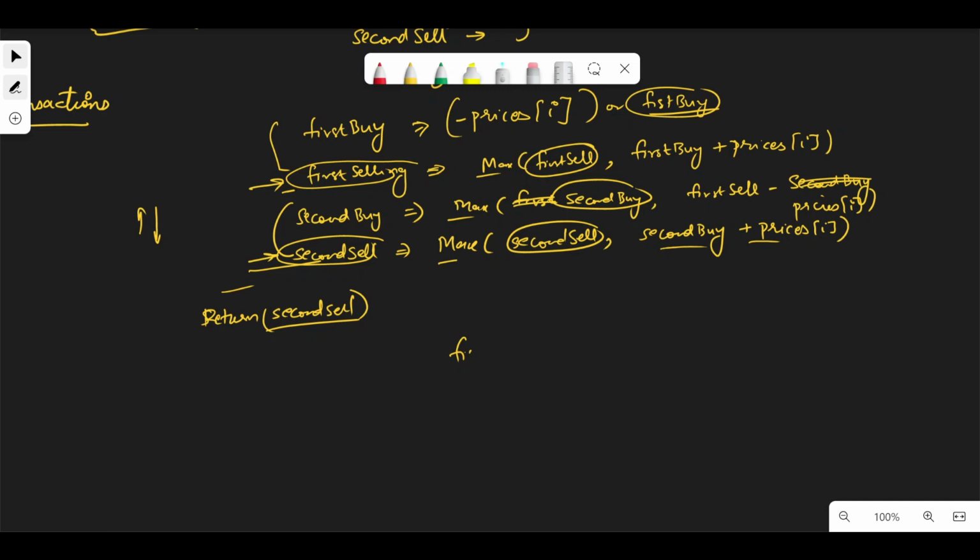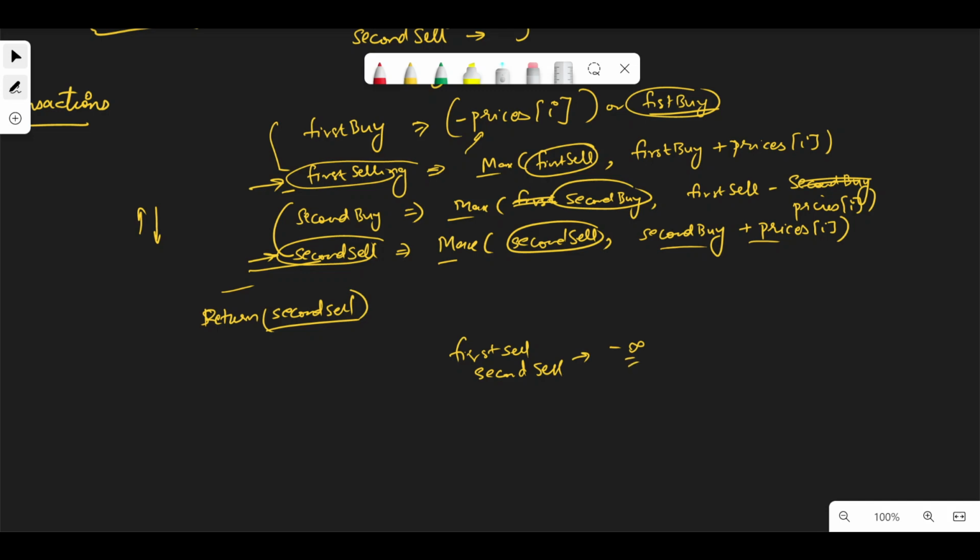But on the first buy and second buy, your balance can go negative, so I'll take the first buy and second buy's initial value to be minus infinity.